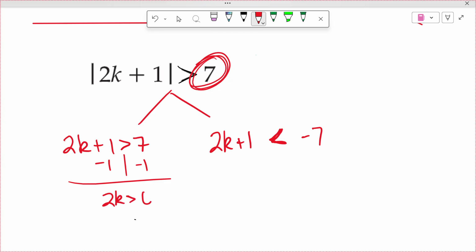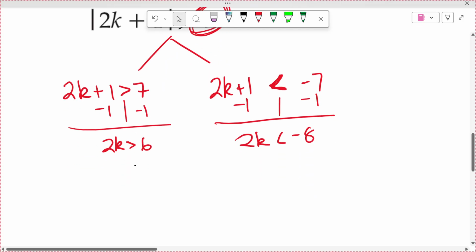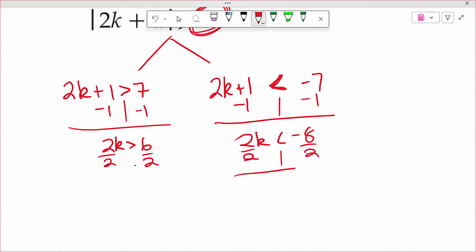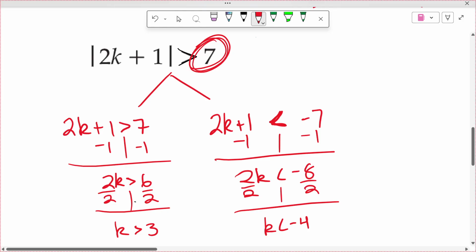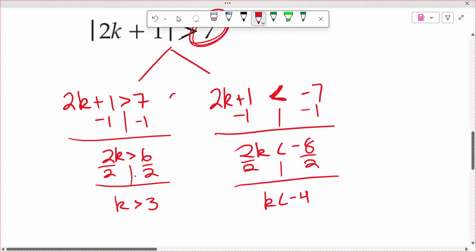2k greater than 6. Here I have 2k less than -8. So I'll divide by 2. Here I get k less than -4. Here I get k greater than 3. Again, I should have written this at the beginning: we have absolute value greater than 7, so this is an OR problem.